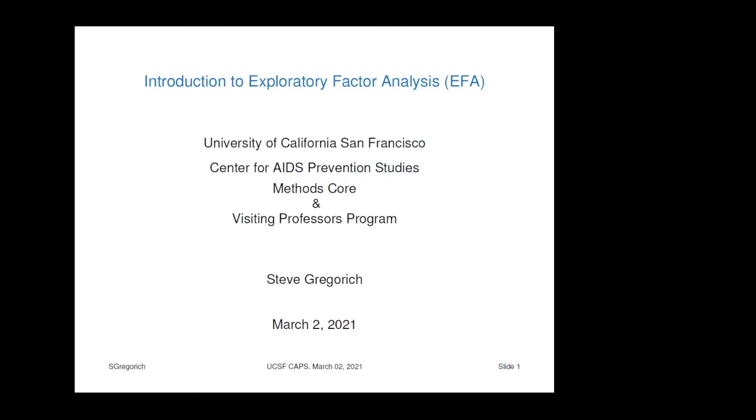PROC VARCLUS, hardly anyone knows anything about it. So it does make sense to start with EFA. And EFA is useful in some circumstances, and I even use it in conjunction with PROC VARCLUS, which I'll talk about how that happens next month.